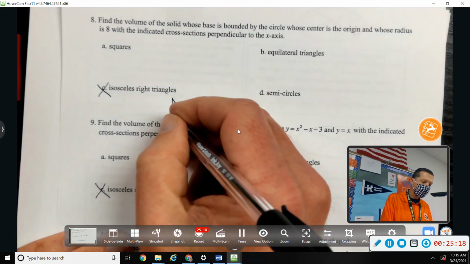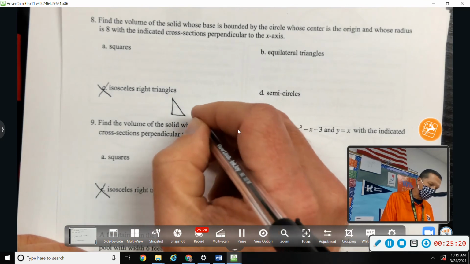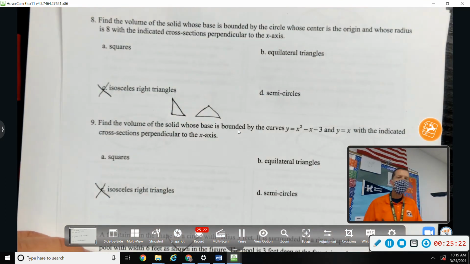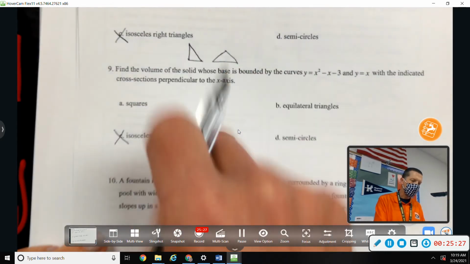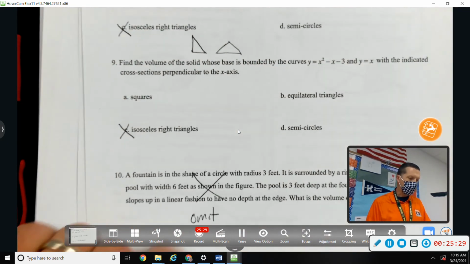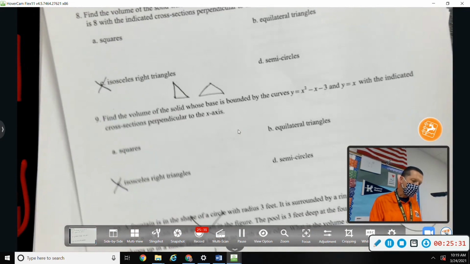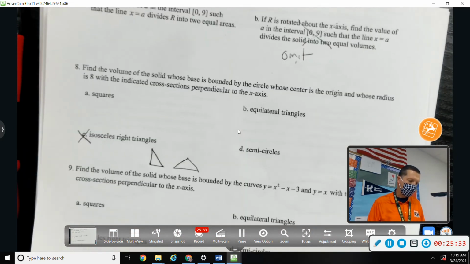Is the base on the graph or is the hypotenuse on the graph? And it matters, and it doesn't say, so we gotta throw those out. So part C, throw those out. Number 10, you can throw that out, and so that doesn't leave a whole lot left.